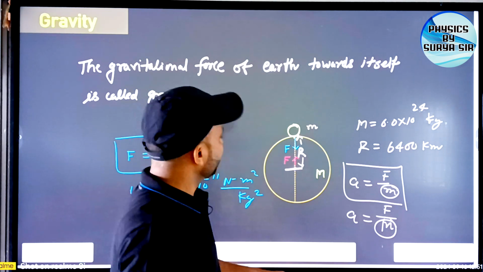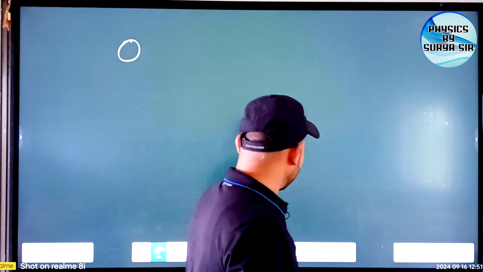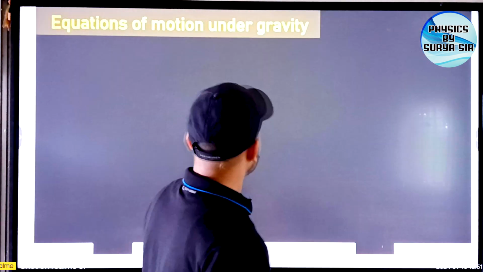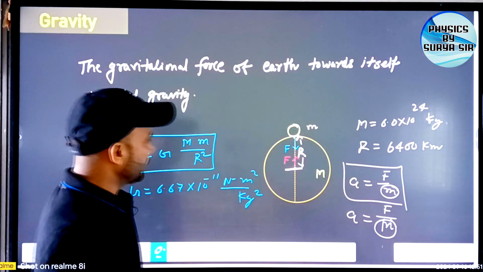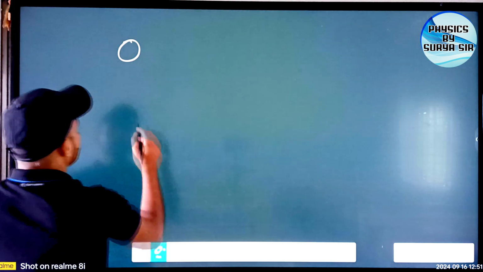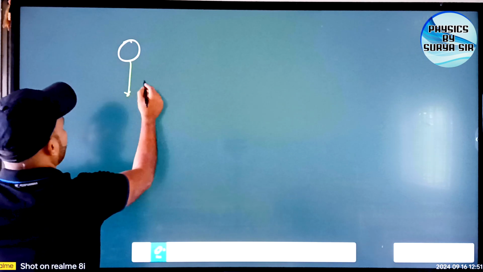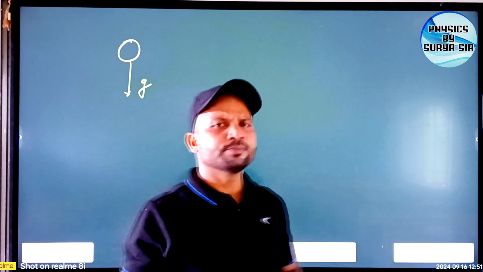So this acceleration is called acceleration due to gravity, and it is denoted by small g.